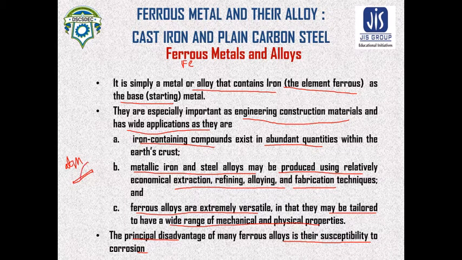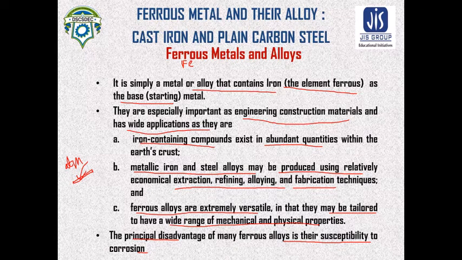Corrosion is a decomposition process. By corrosion, the surface of the material is deteriorated and the strength of the material is decreased. Corrosion is not an expected phenomenon. It is an unexpected phenomenon. So it's a disadvantage for ferrous alloys because they are prone to corrosion.